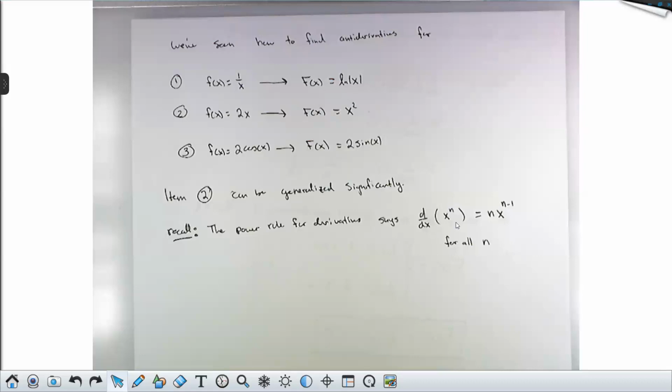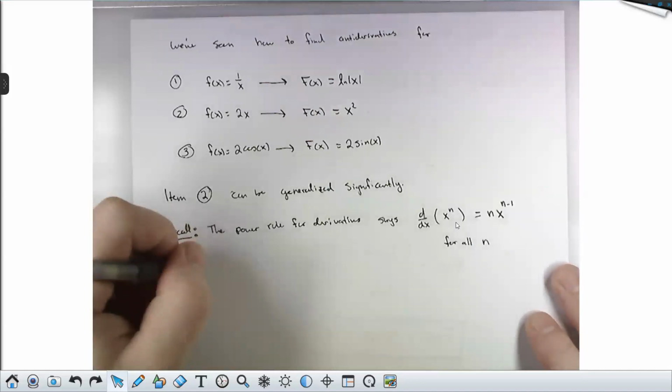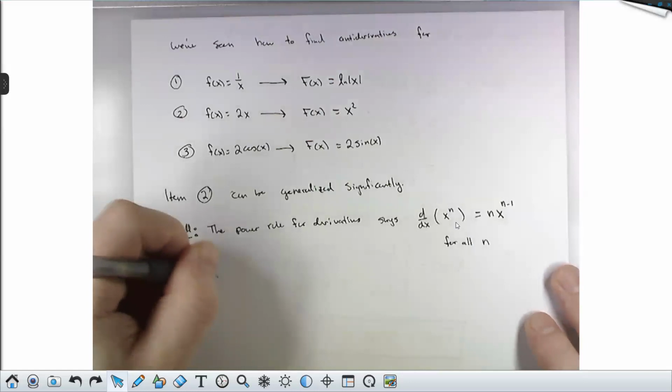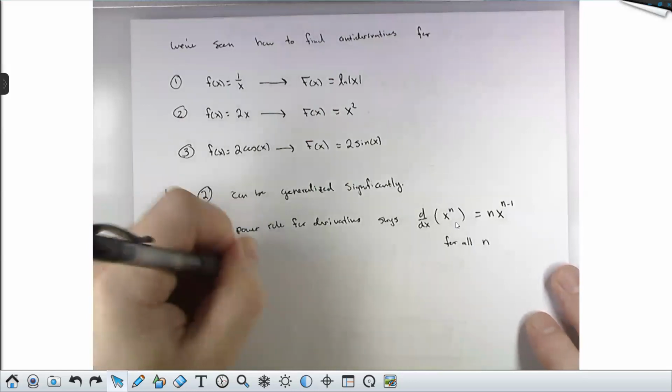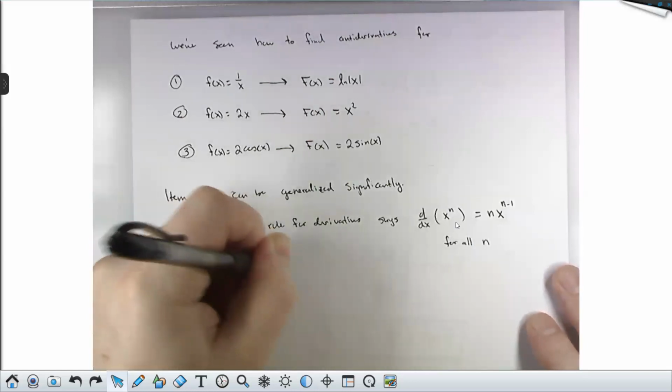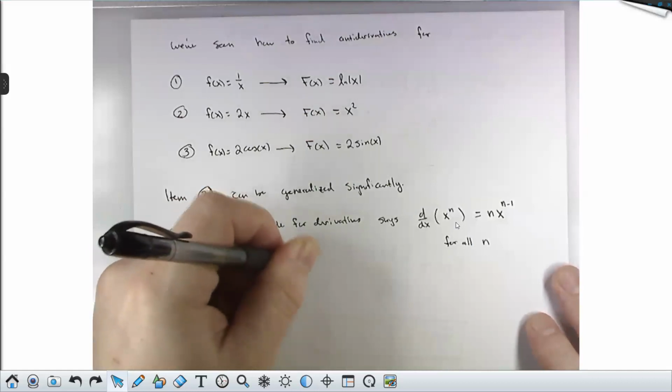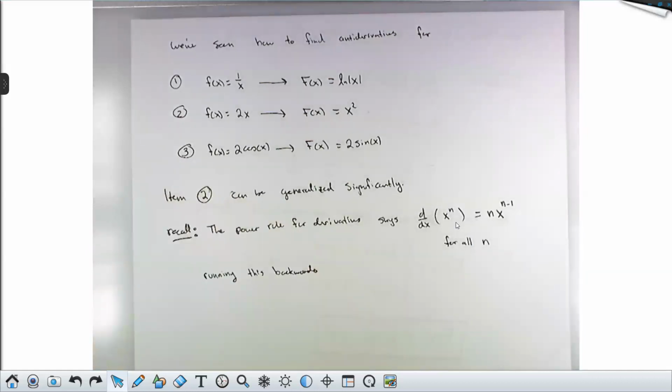Yeah, for all n, right? If we try to run this backwards, let's think about it. To differentiate a power function, you bring that power down and reduce the power by 1, right?